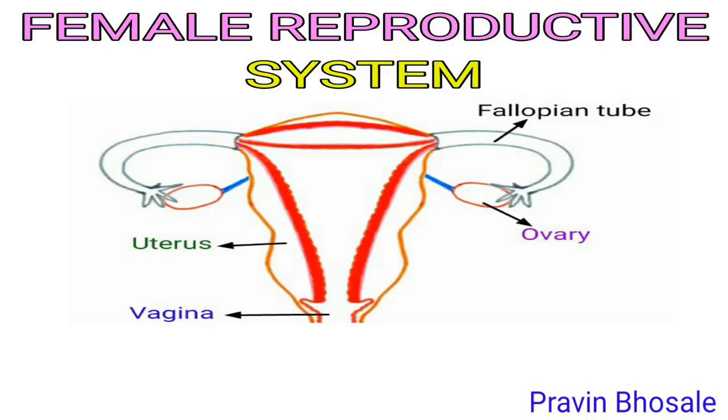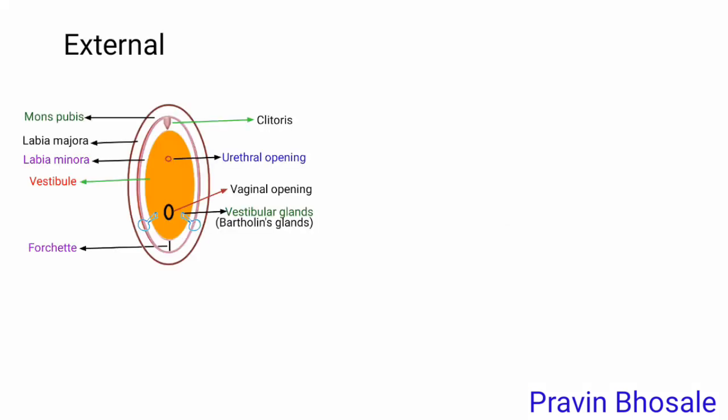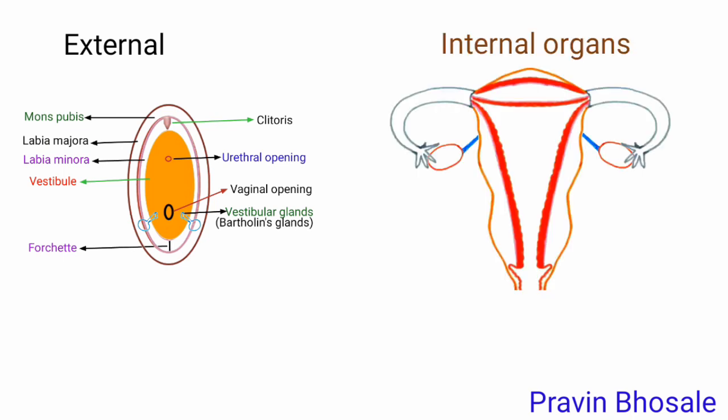Hello students, let's revise the human female reproductive system. The female reproductive organs or genitalia are divided into external and internal organs.